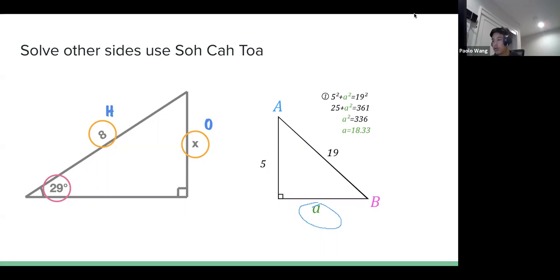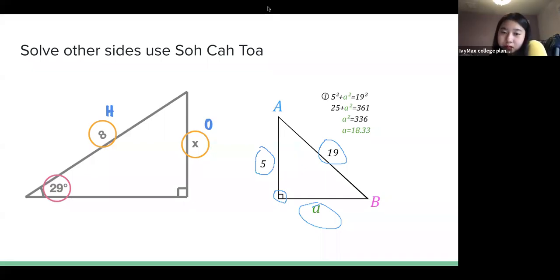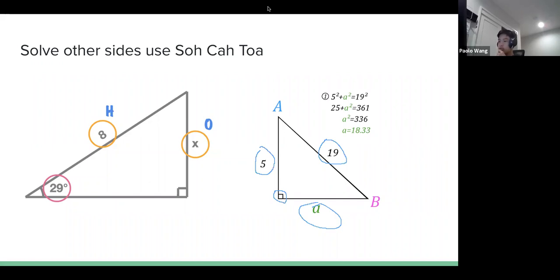You can use this angle, the adjacent side, and the hypotenuse to find it. This is also another adjacent side. Wait, no, never mind.